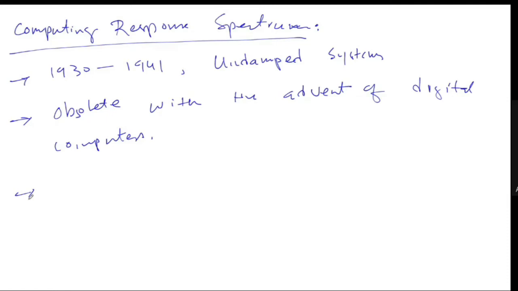When actual accelerograms became available, for example, starting with the 1933 Long Beach earthquake in California, this was the first earthquake which was recorded using an instrument. And so this helped us in the development of the response spectrum for recorded accelerograms.